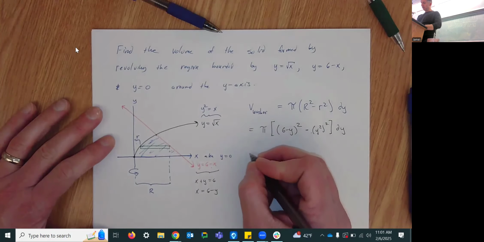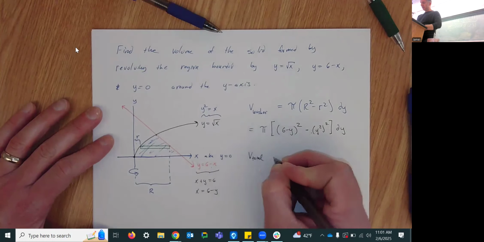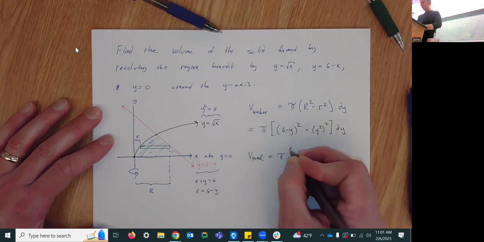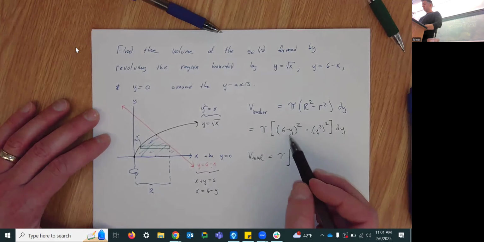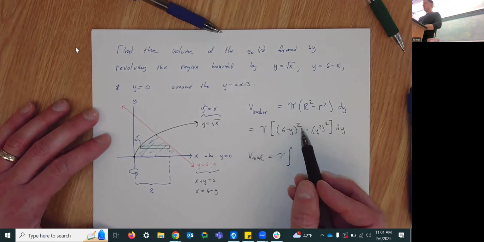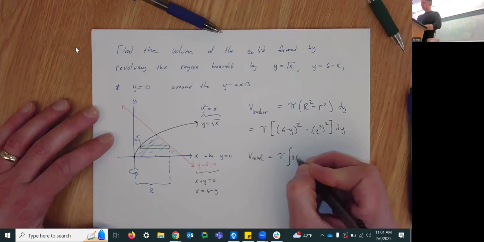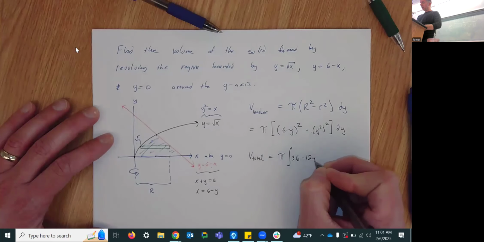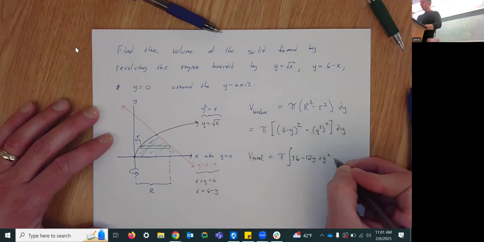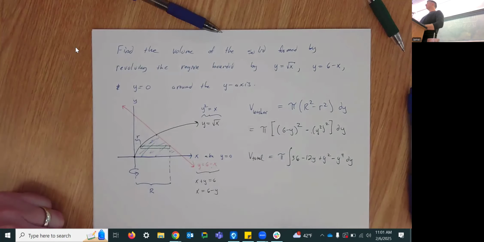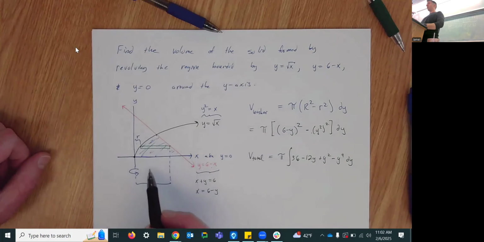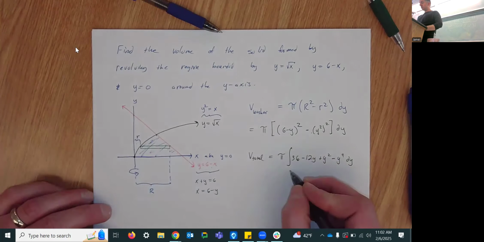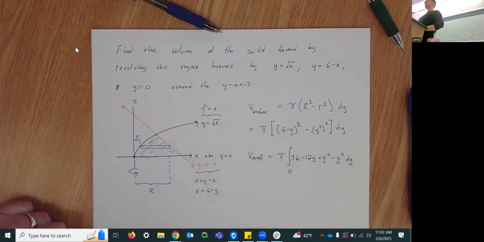So we're going to find the total volume. Going to be pi times the integral from, we'll figure that out in a second. I am going to simplify this here. So instead of writing 6 minus y quantity squared, I'm going to write 36 minus 12y plus y squared minus y to the 4th. I know my lower limit of integration. That rectangle goes as low as y equal to 0. My upper limit of integration we haven't found yet.